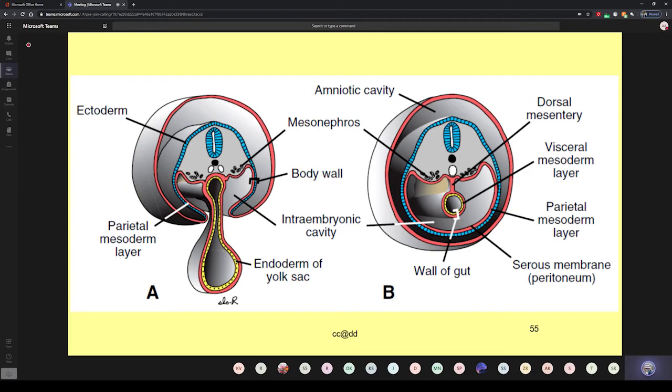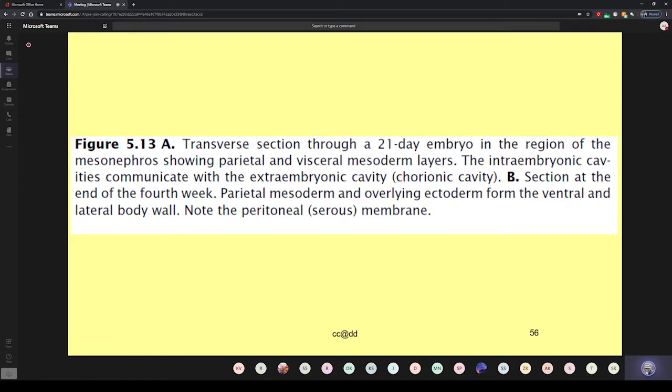But when you come to intermediate mesoderm and the lateral plate mesoderm, you must understand that both of them almost go hand in hand along with the other changes in the embryonic disc, which is called the folding of the embryonic disc.